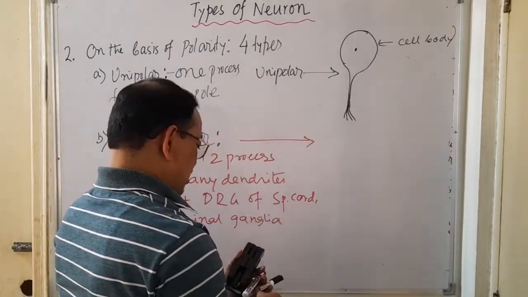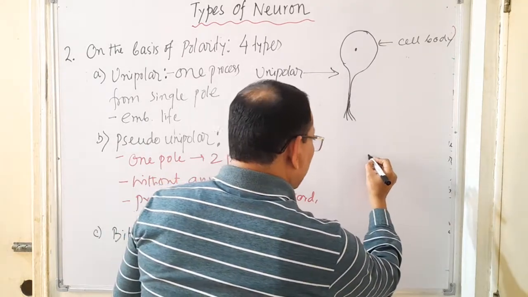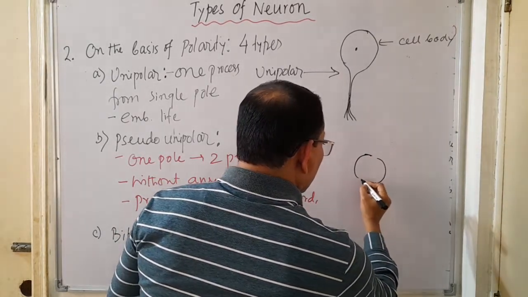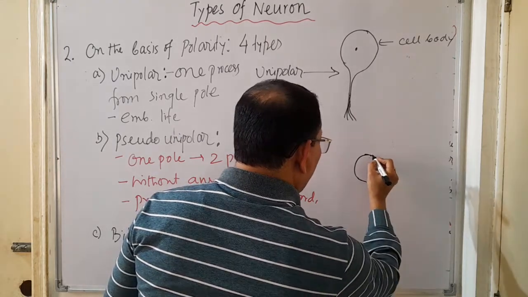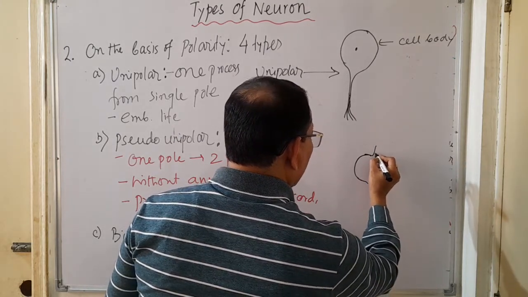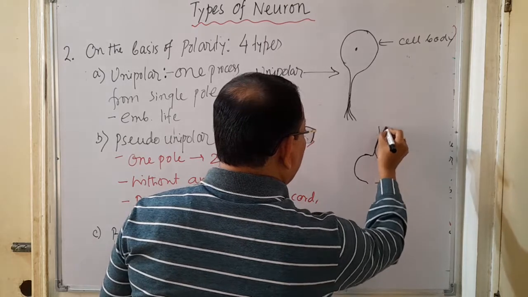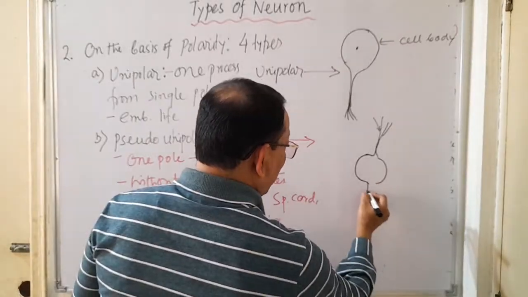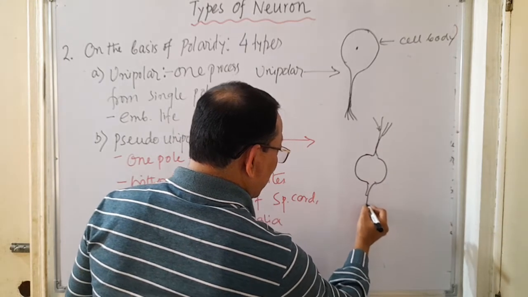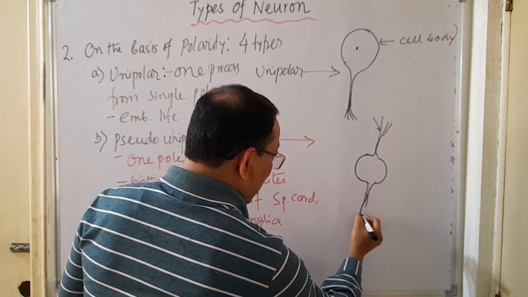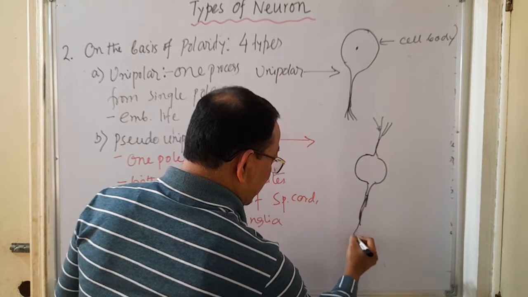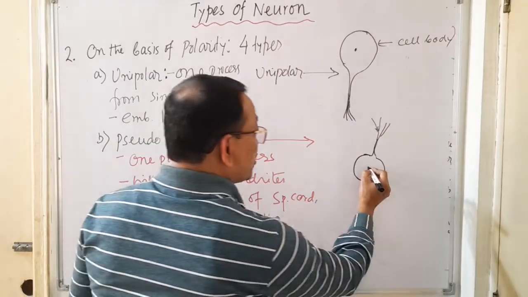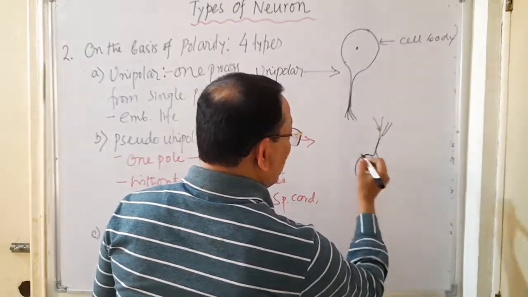A cell body has two parts. From one part of the cell body, the dendrites are formed, and from another part of the cell body, the long branch is given off.